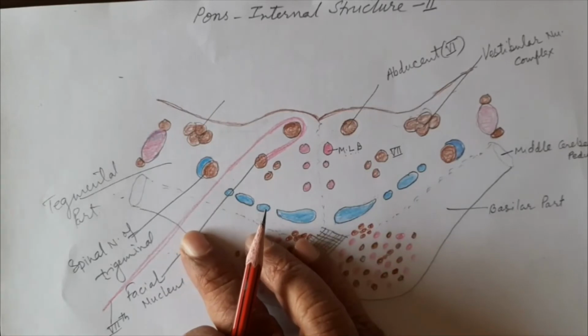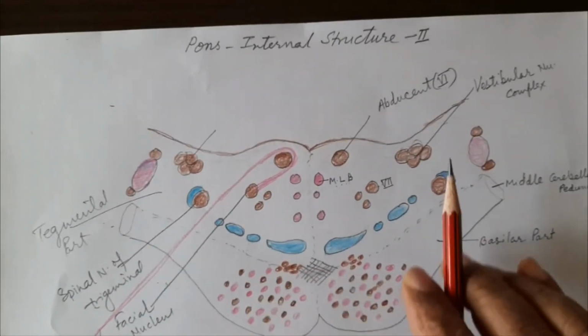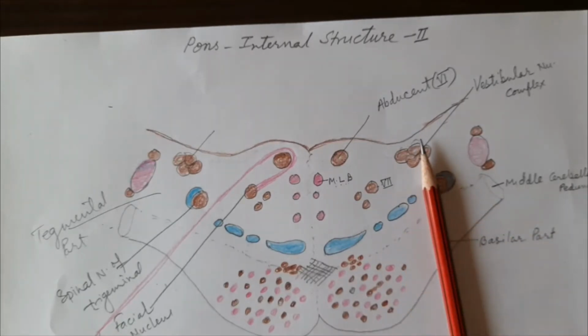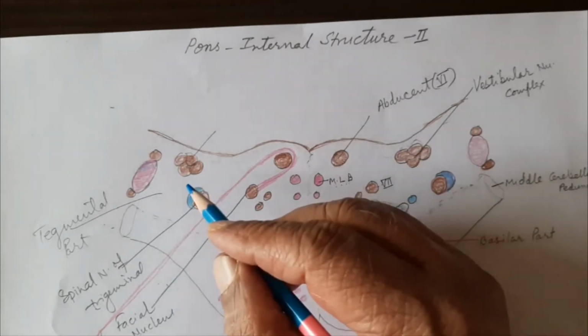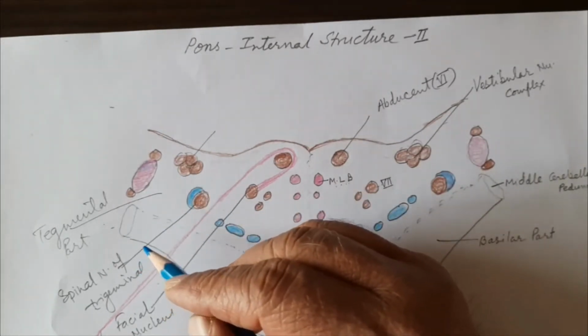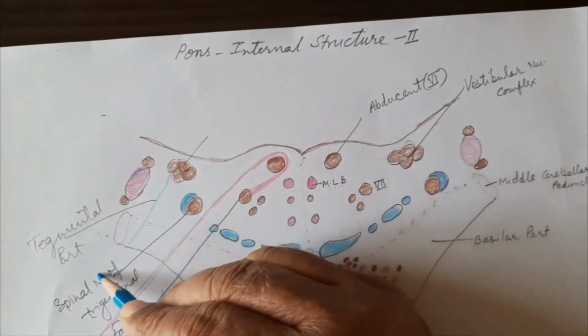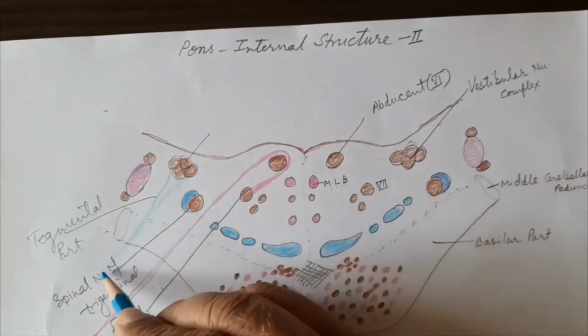The vestibular nucleus complex will have the afferent fibers, that means the fibers will go here. I will represent it with the blue color here. So the vestibular fibers will go inside, because it is a sensory nerve.